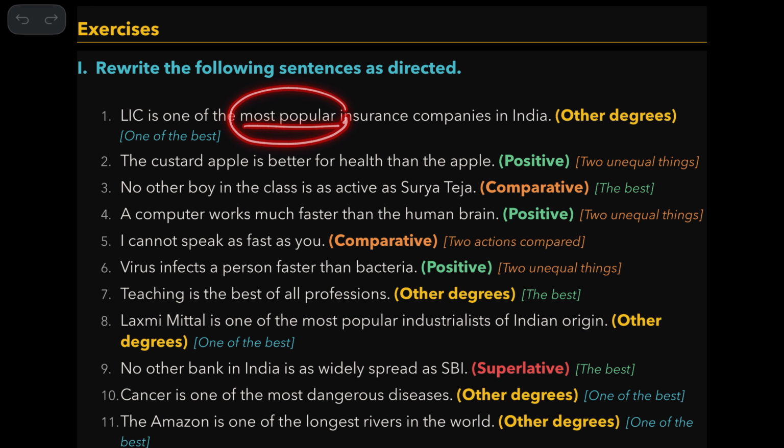Okay, so as soon as the question is given to you, you need to identify which pattern it belongs to. So this sentence belongs to the second pattern, which is one of the best. And if you see the second question here, the custard apple is better for health than the apple.